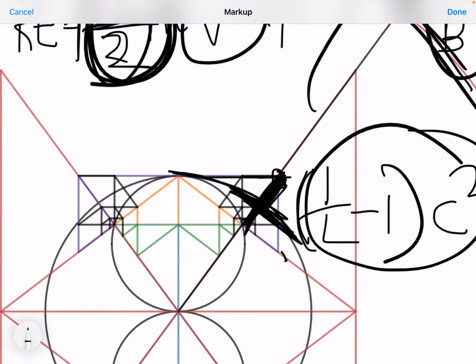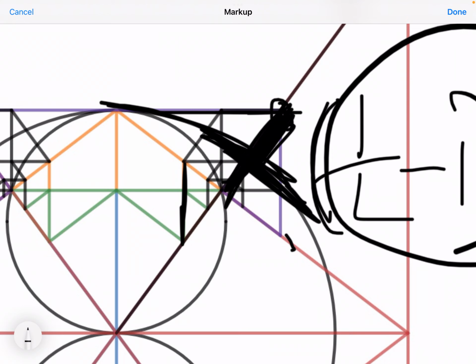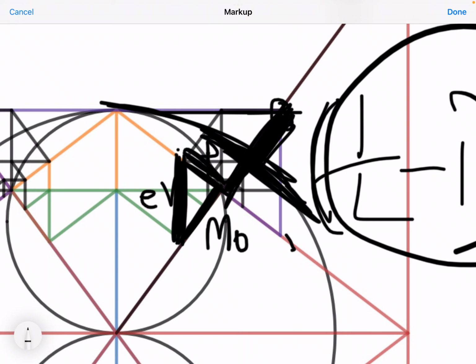Okay, and then this triangle here is actually the one that they use in particle physics. So you got your rest mass, you got your momentum, and then you've got your relativistic energy.